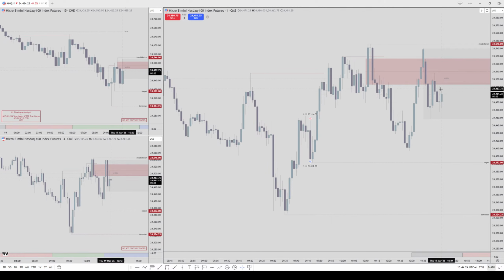But of course, my primary bias is still bearish, okay? Just to keep in mind, I would prefer to short rather than long.